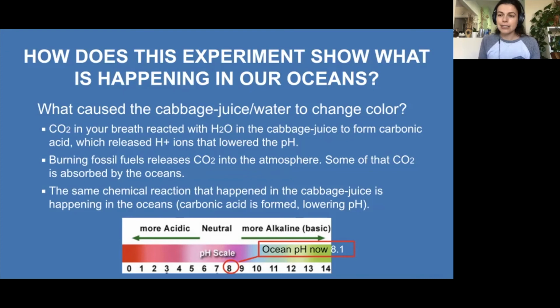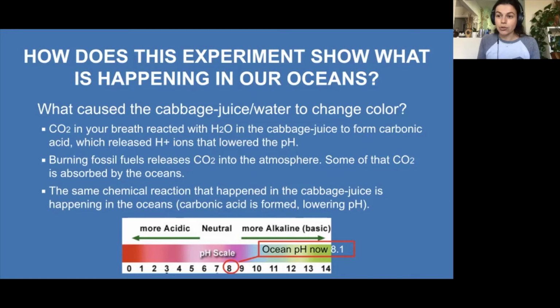And this is interesting because about a quarter of the carbon dioxide, or CO2, released by activities like burning fossil fuels, driving our cars, and factories is absorbed by the ocean. And as a result, the ocean has become more acidic, like the cabbage juice in the experiment.